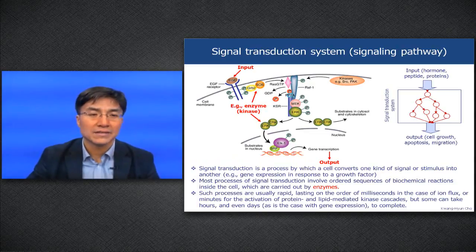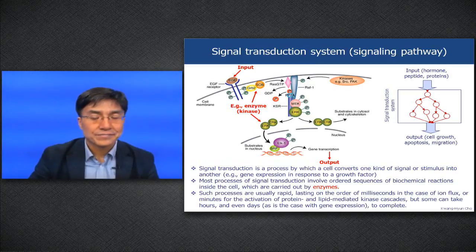So signal transduction is a process by which a cell transfers one kind of signal or stimulation into another. All these processes are actually very fast, but some of them take a longer time.